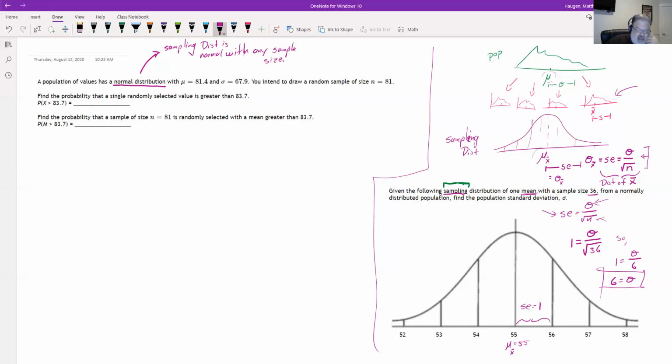So even with a small n, we know our sampling distribution will be normal.